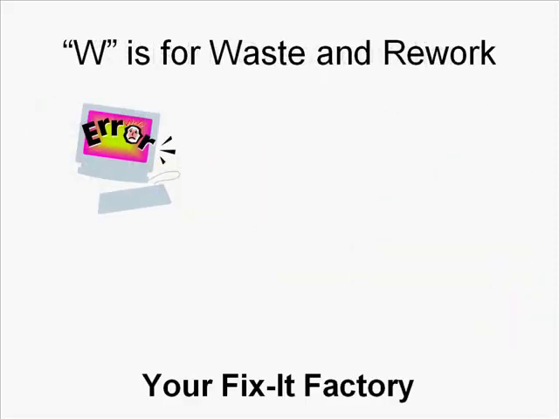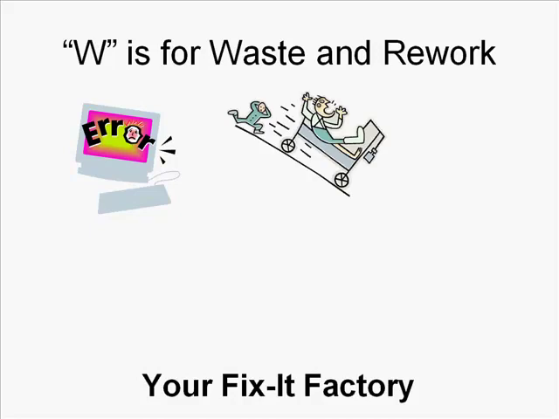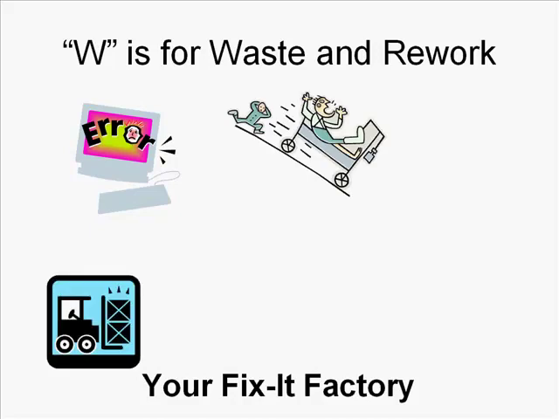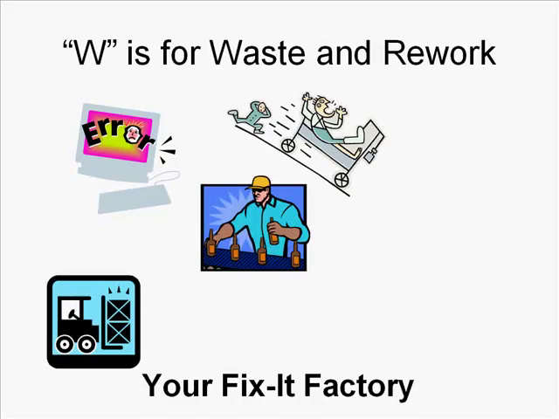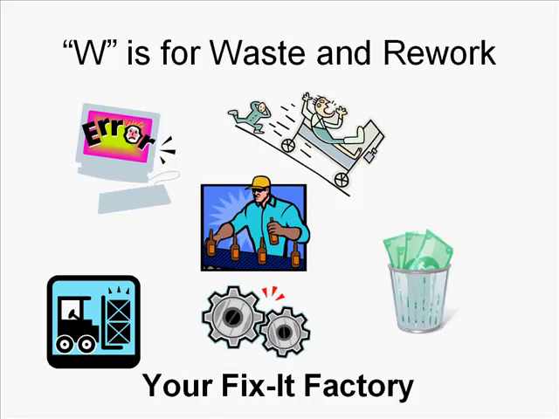The next speed bump, W, stands for waste and rework. Because of all the delays and overproduction, the chances for error increase dramatically. This leads to mistakes and errors that lead to rework and waste and scrap, all of the things that eat profits. Now, it doesn't matter if it's a bug in a computer system, a medical error in a hospital, spoilage in the food industry, defects in labeling or packaging, or failures in a finished product.